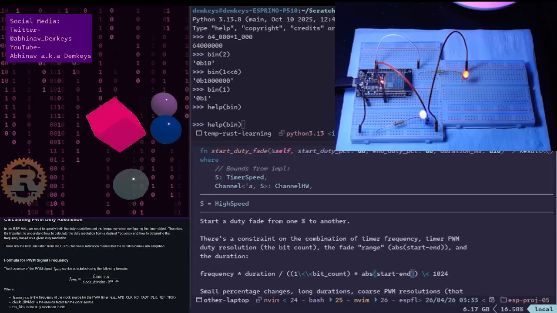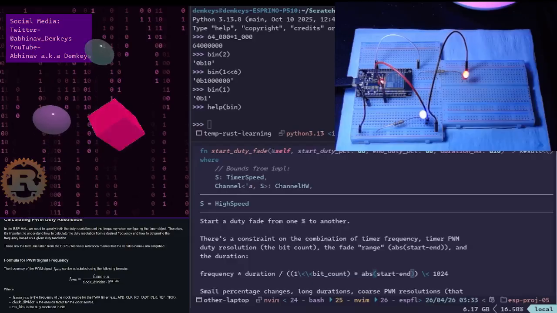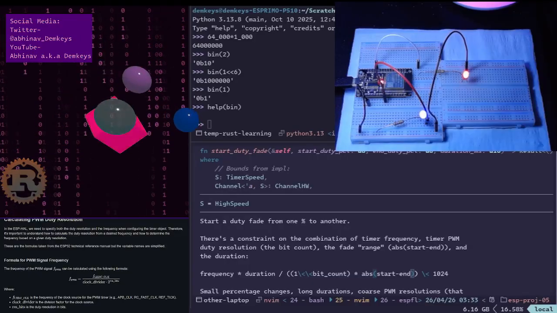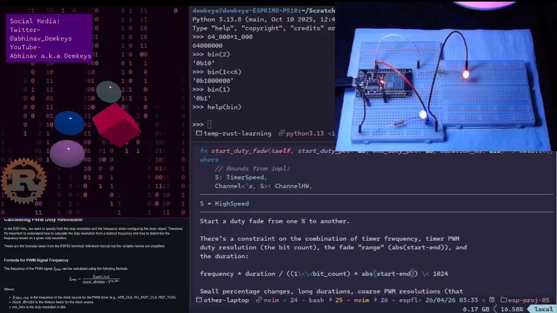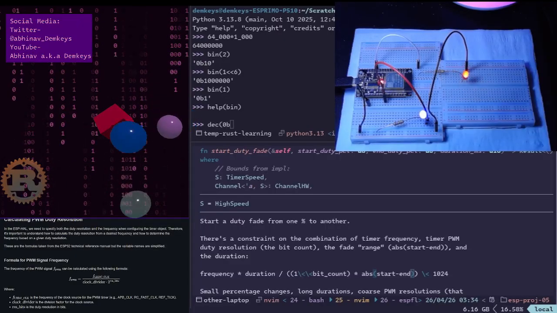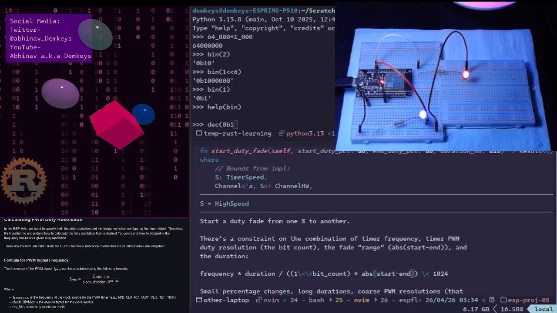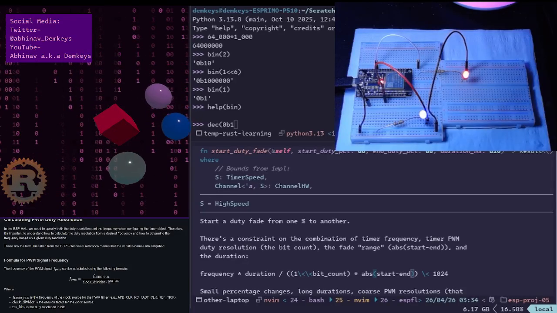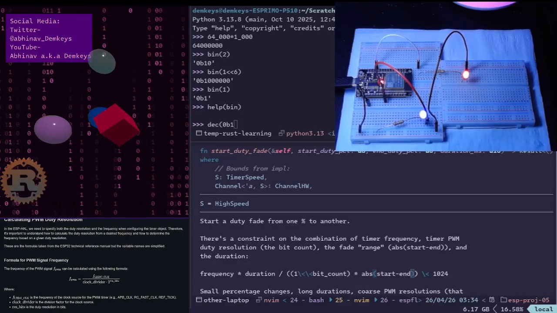Okay, so we bit shift towards the left by our bit count, and then what would this be? How many zeros is that? Seven? Six? I think it's six.